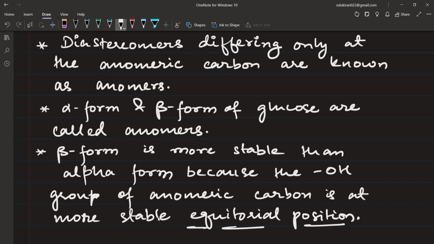That is the next topic, Haworth projection. Haworth projection is the last topic.